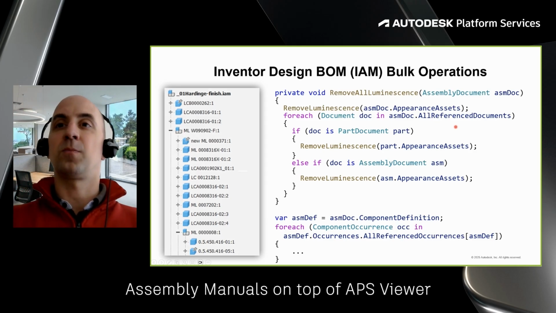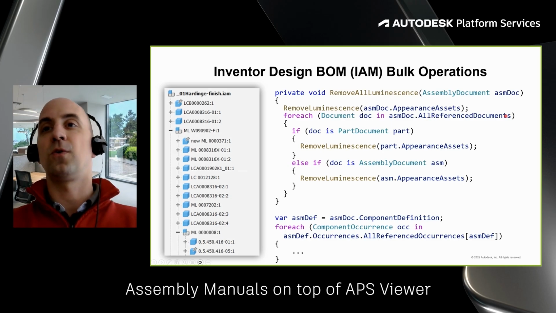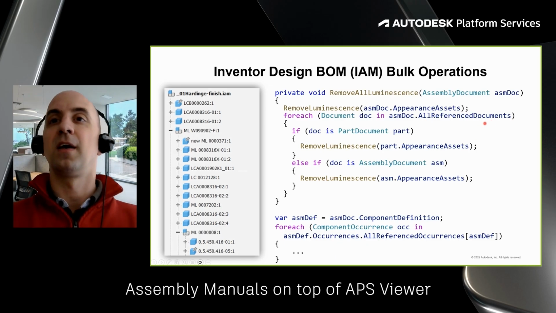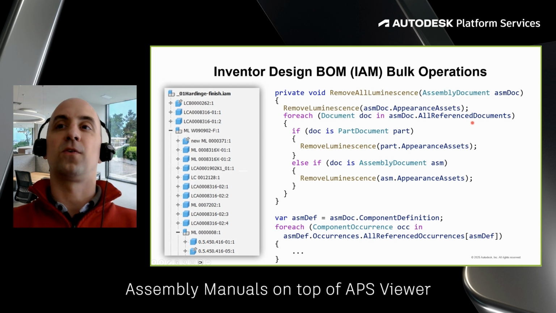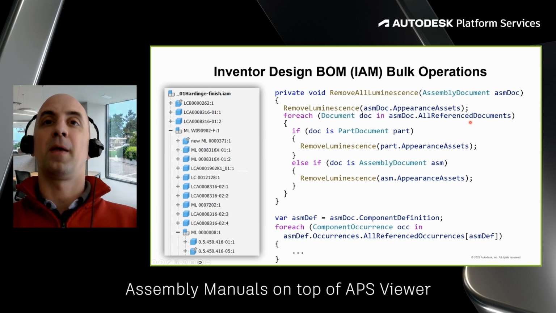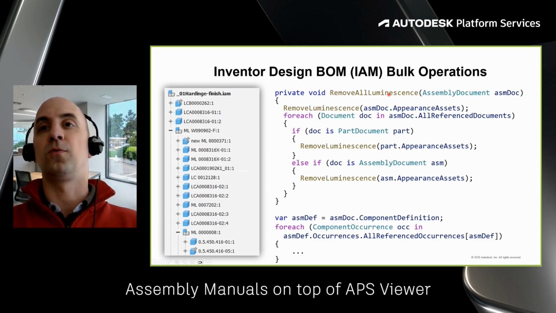In our project, we used a method, even though here it looks like a property, called AllReferencedDocuments. This call gives you a list of reference components, or in other words, documents, in a single operation. We use this when we remove luminescence, which I'm going to talk about on subsequent slides.